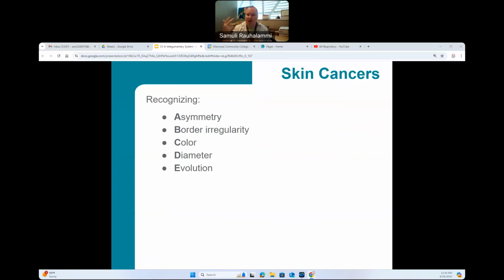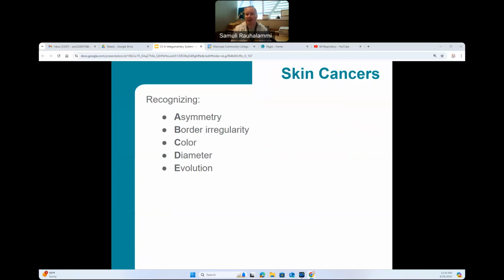We look at the color. If we see different colors in the pigmented area, that's more of a concern than a uniform colored appearance. We also look at the diameter of the mole. If the spot is larger than 6 millimeters in diameter, then that gives us cause for concern. And the final factor is evolution.